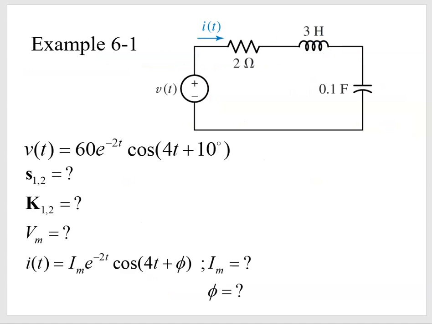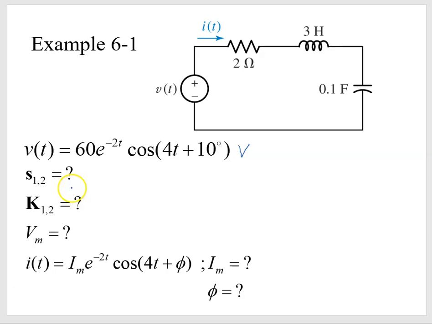So if we look here at this example, we have an RLC circuit with a voltage source forcing function. That voltage source forcing function, we should give this a unit. That unit is volts. So that's e to the negative 2t cosine 4t plus 10 degrees volts.